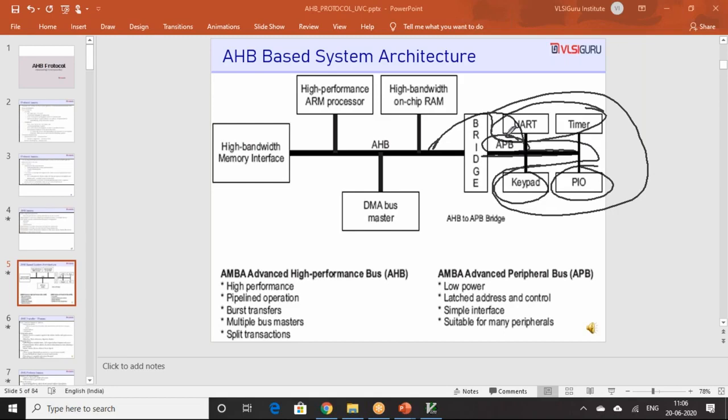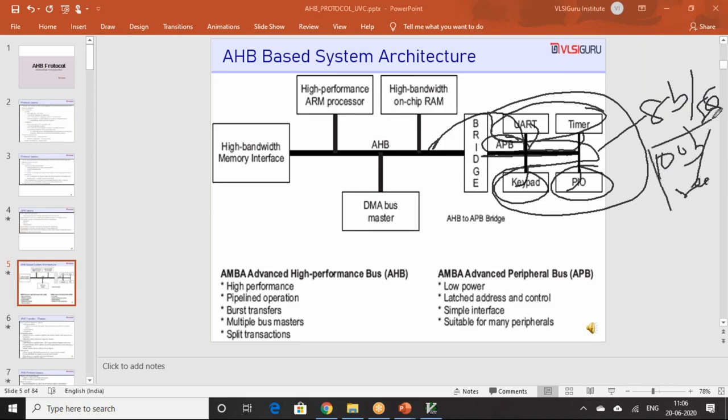Why do we need low performance? Because these components, keypad, PIO, UART, timer, don't require too much data transfer. They hardly require data transfer to the tune of 8 bytes per second or maybe 100 bytes per second. That is a very low speed. Now we are talking about gigabytes per second.